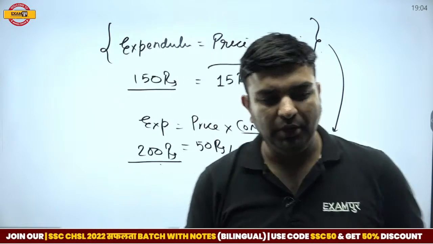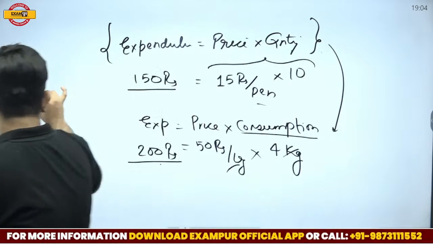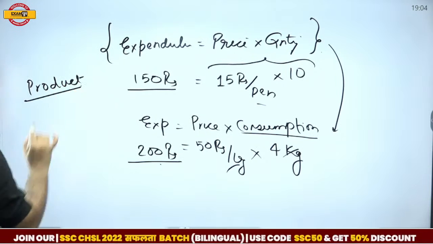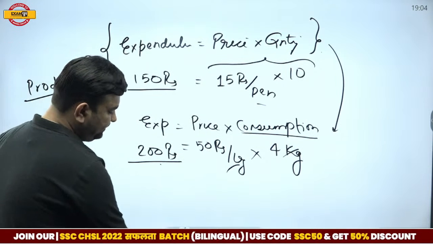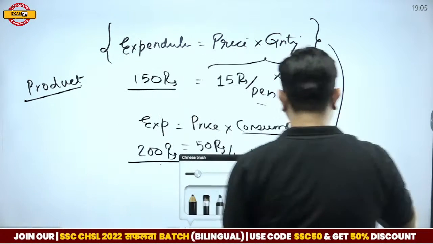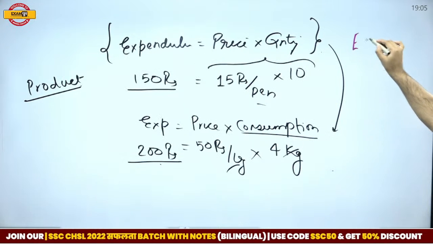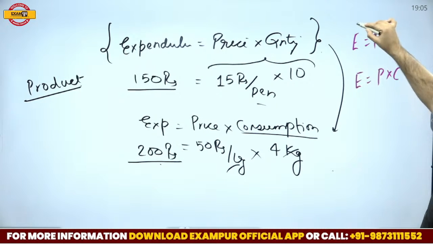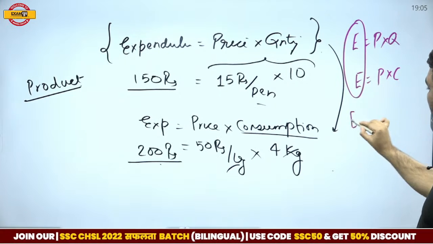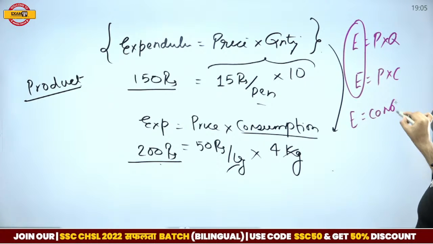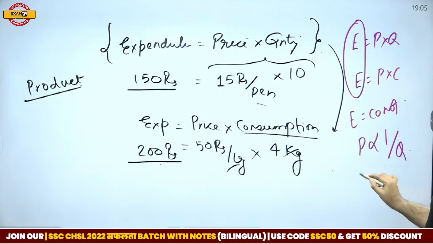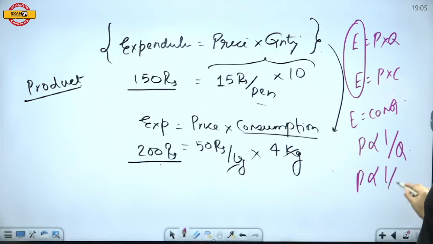These relations you should know. Here it is a product relation. So what happens in a product relation? Expenditure is price into quantity, or price into consumption. So if expenditure is constant, then price is inversely proportional to quantity, or price is inversely proportional to consumption.